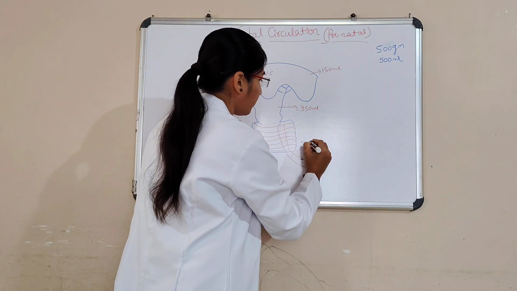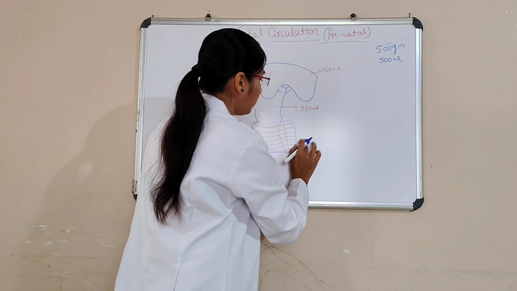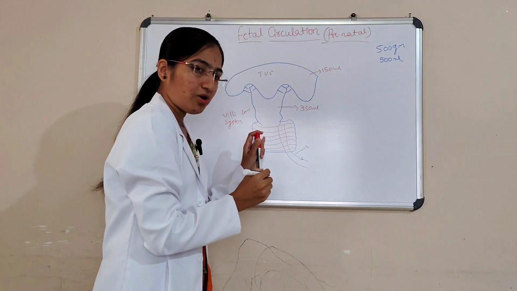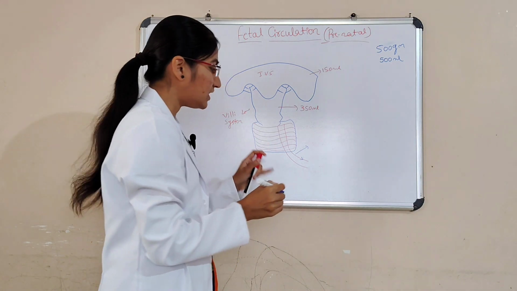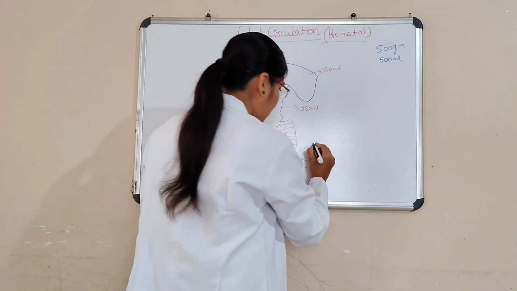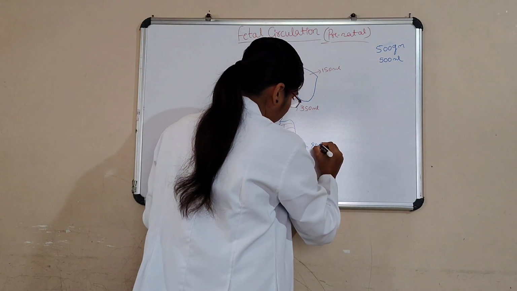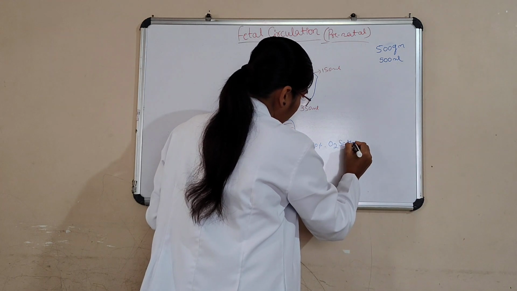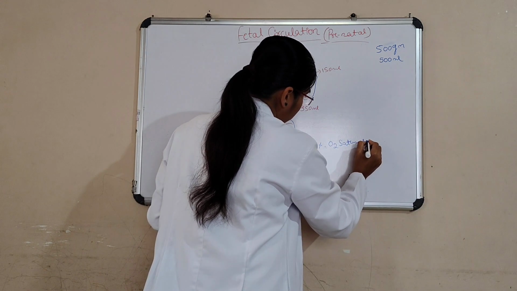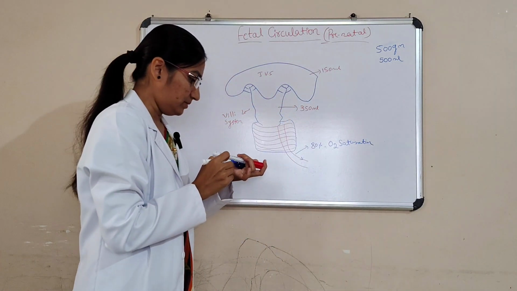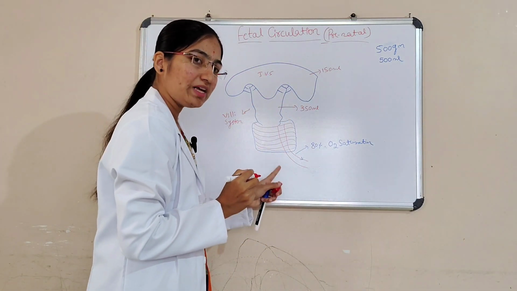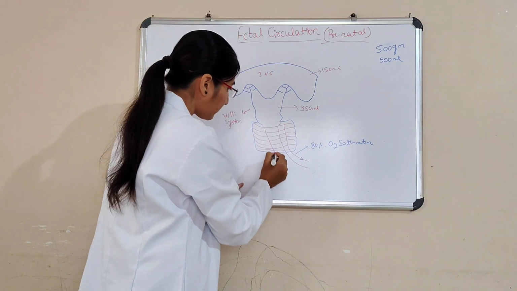This one is a vein, the umbilical vein. It carries blood from the placenta to the fetus, that is about 80% O2 saturation. And then here 2 umbilical veins and 2 umbilical arteries are present.